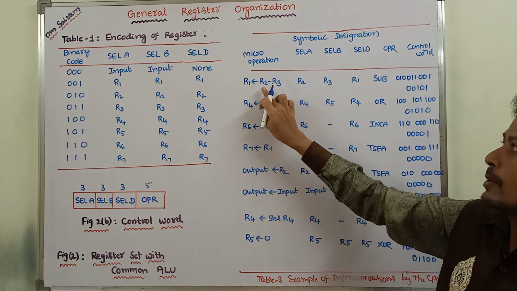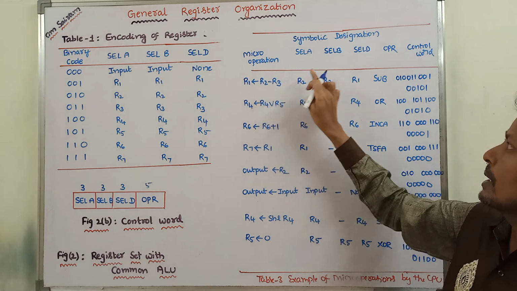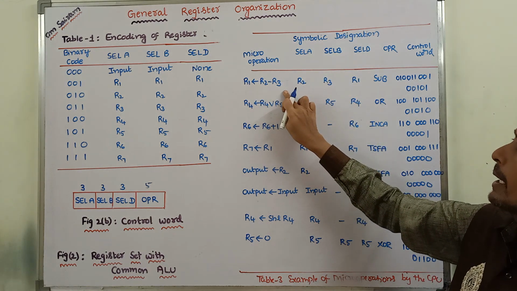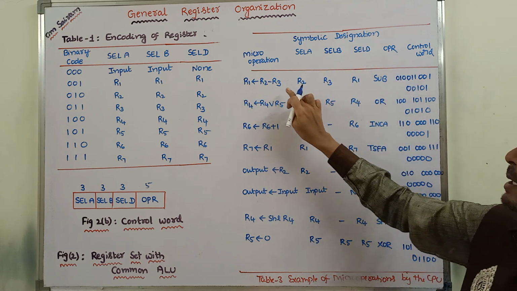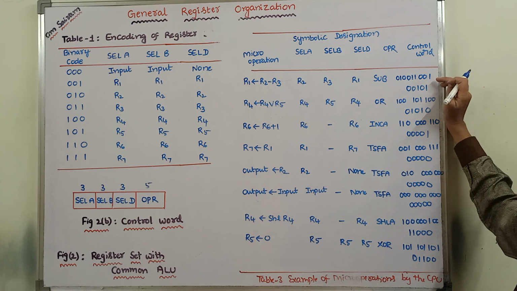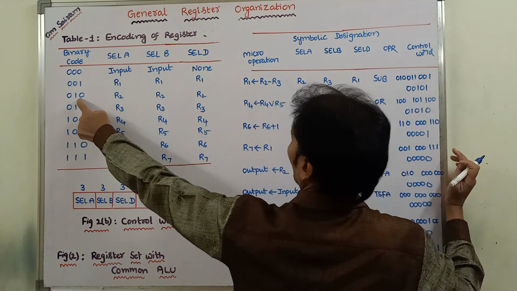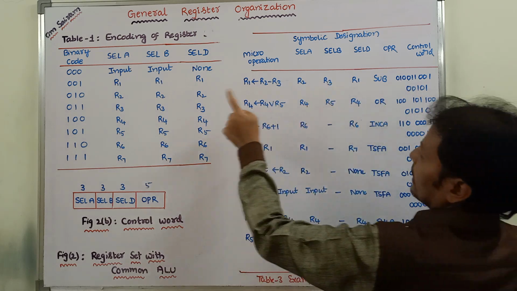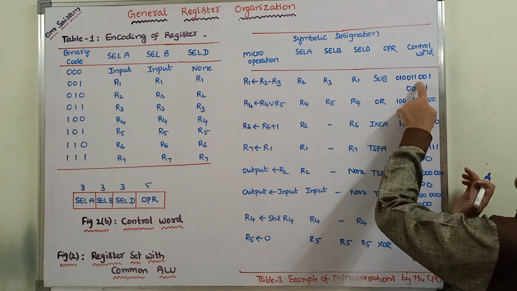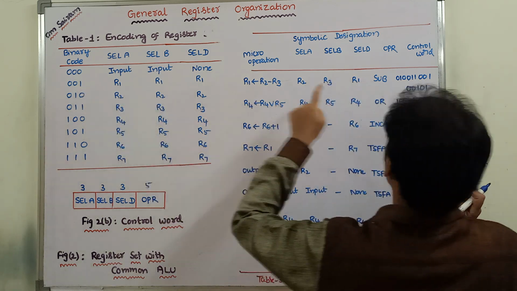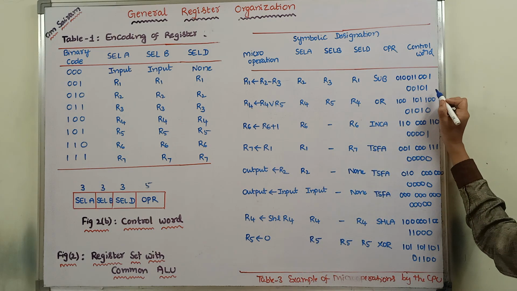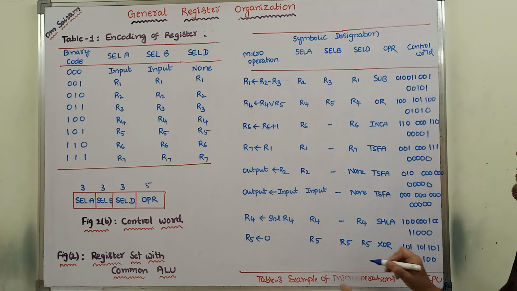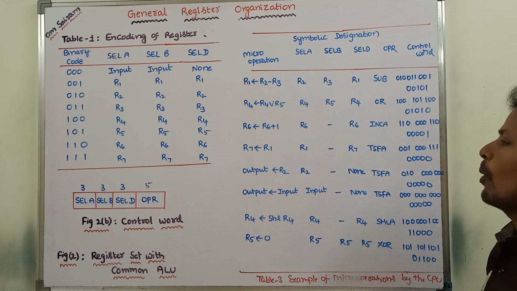So SELA determines the R2 register, SELB determines the R3 register, SELD determines the R1 register, OPR determines the subtraction operation, and the control word is for R2 010, next for R3 011, and for R1 001, and the subtraction operation value is 00101. In this way we can determine the example micro operations by the CPU.